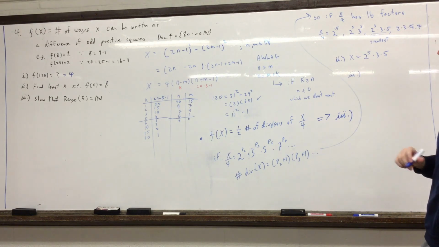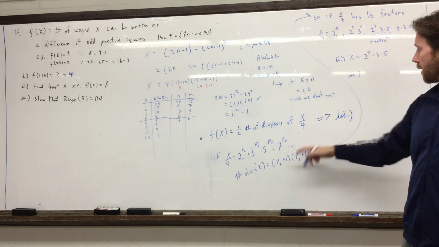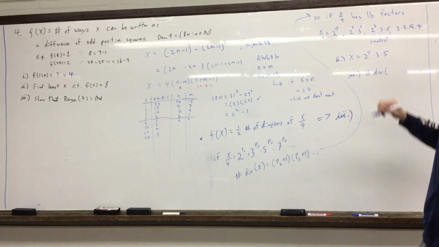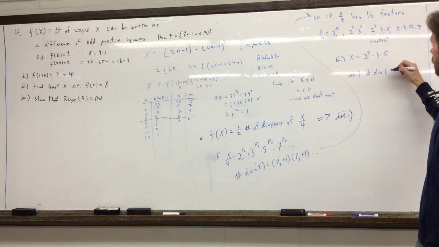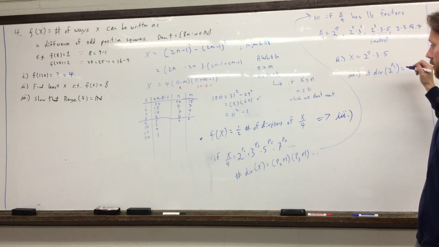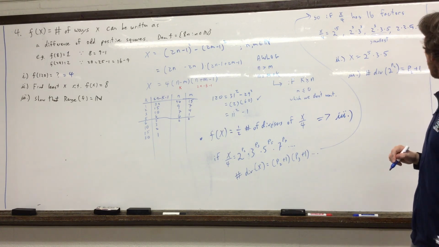My answer to problem 3, I'll just say number of divisors of, let's say, 2 to the P2 equals P2 plus 1.